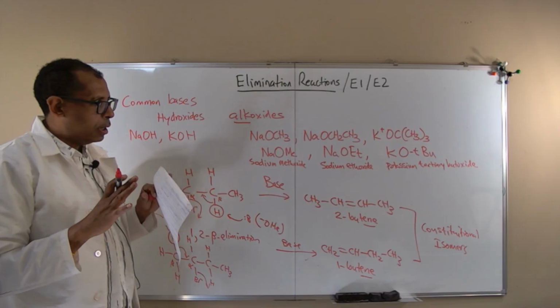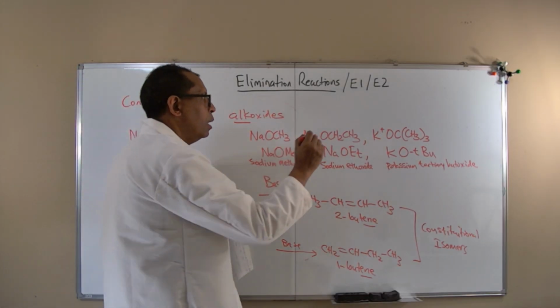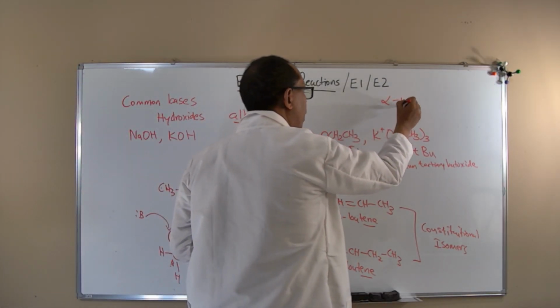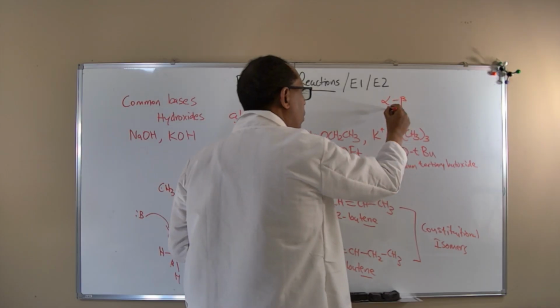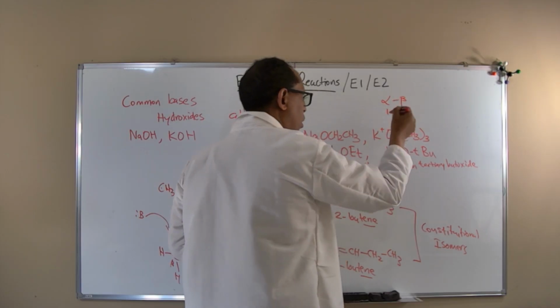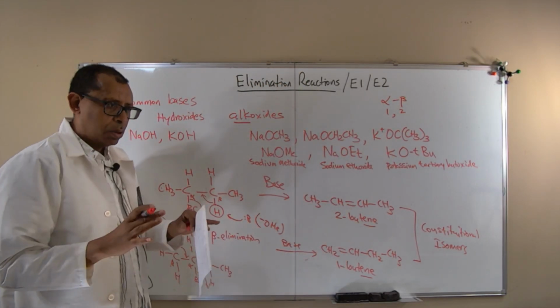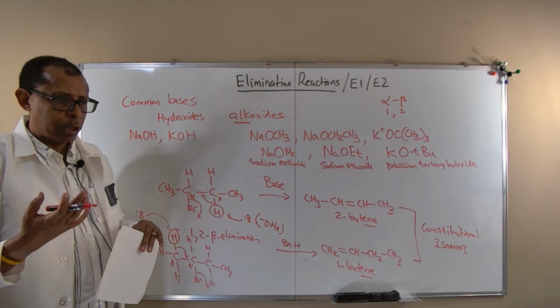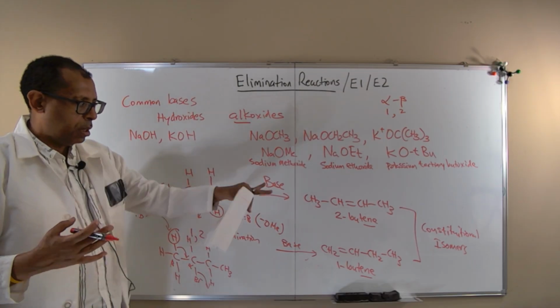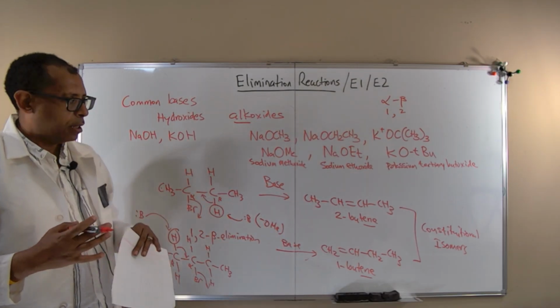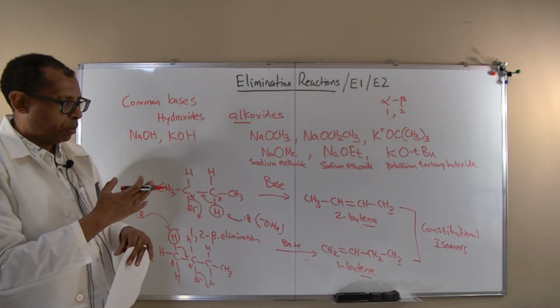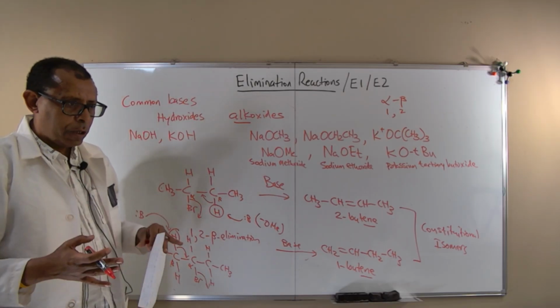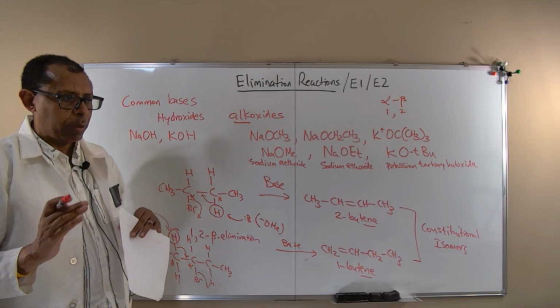So remember, there is an alpha and beta position, or we call it 1,2 position as well. That's the same. So those would give you different regioisomers. Regioisomer means the position of the alkene is different from one another. 2-butene is not the same as 1-butene.